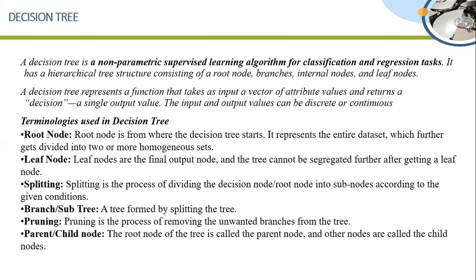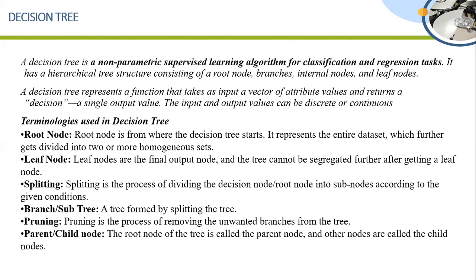Splitting means that we are dividing the root node into sub nodes based on a given condition, that is, we branch it. A branch or subtree is formed by splitting the tree. Pruning is used when there are unwanted branches or nodes in the decision tree; pruning removes them.